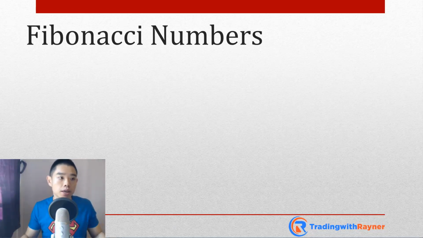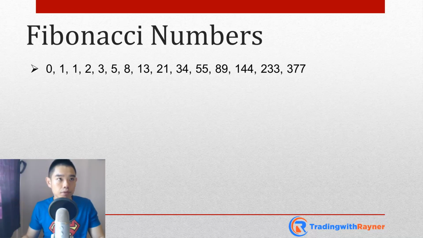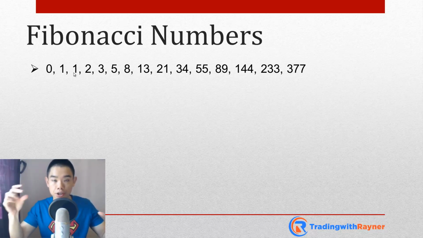The word Fibonacci. So what this means is the numbers go in this sequence: 0, followed by 1, 1, 2, 3, 5, 8, 13. To the naked eye, this doesn't really make much sense. So just to explain why this is the case: if you take the first number and add it to the second number, your third number is simply the addition of the first two numbers.